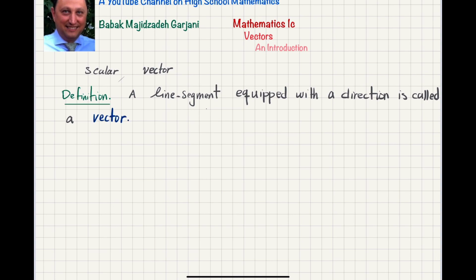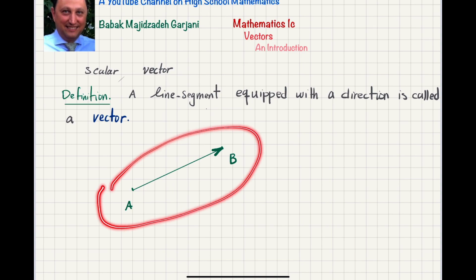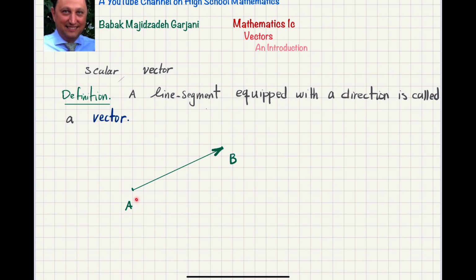So for example, if I start from here to here, then this is just a line segment. Let me give these points a name, point A, point B. These two points are the end points of this line segment. As soon as I put an arrow here representing the direction, then this object that you see here is called a vector. And this point A is called the initial point.